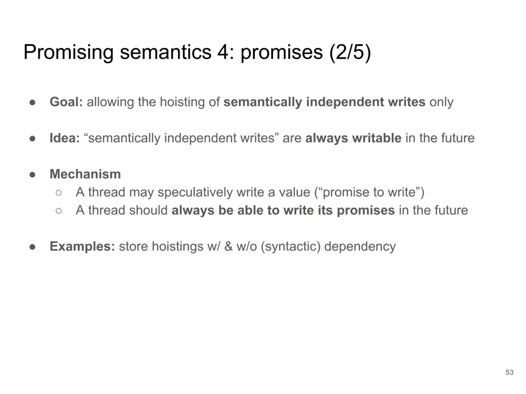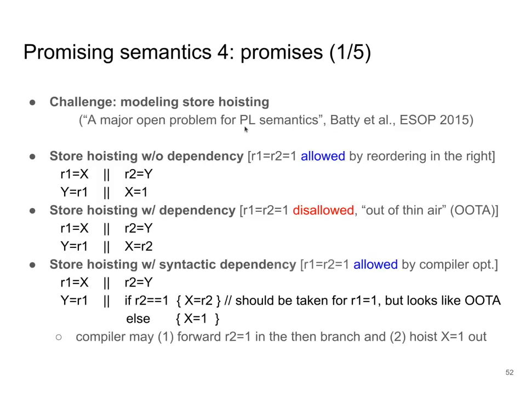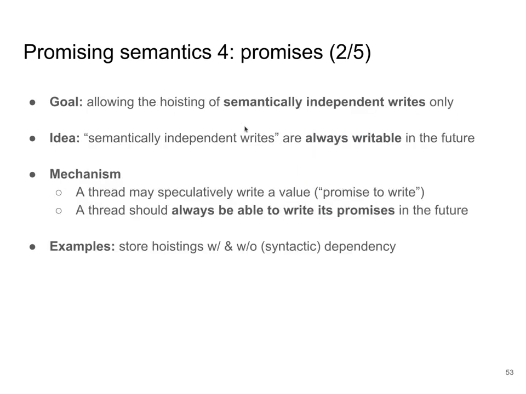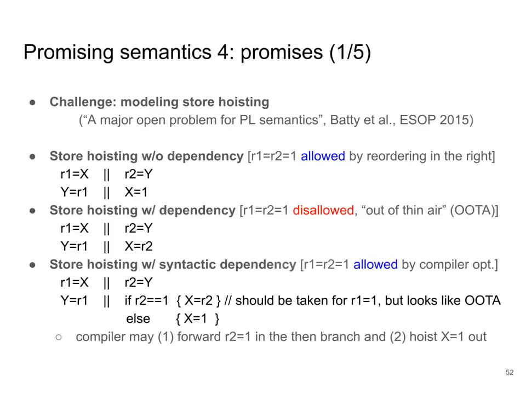Okay, let me explain the idea here. How do we allow the third example? The key goal here, as I said, is allowing hoisting of semantically independent writes. In this example, this is syntactically dependent because there is a data and control dependency.